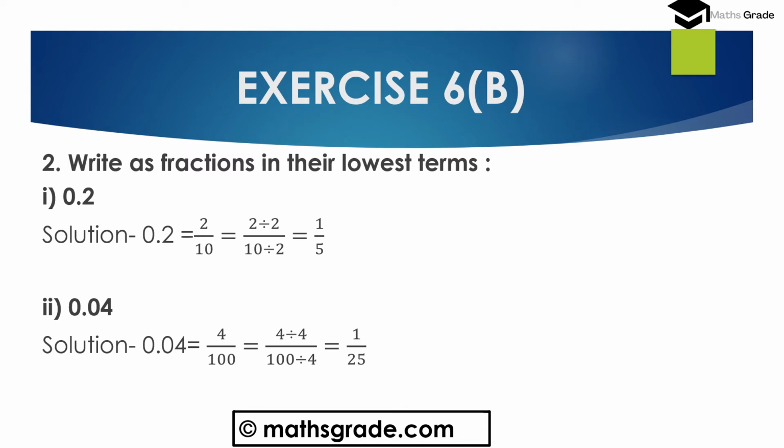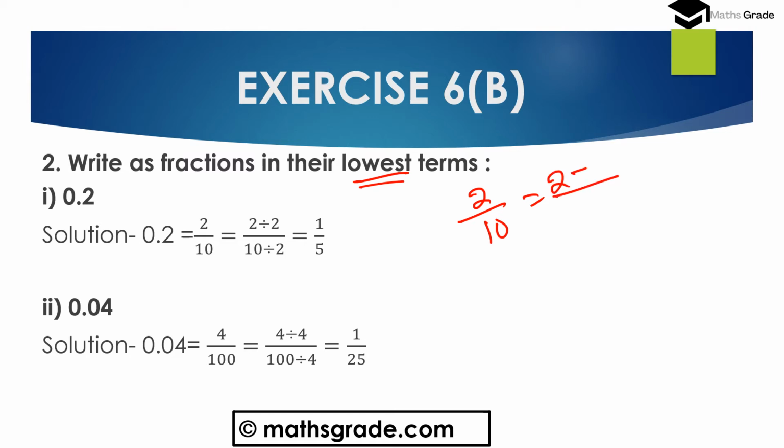Now question number 2. Write as fractions in their lowest terms. First part, 0.2. After the decimal point there is only one digit, so we divide 2 by 10. To find its lowest term, first find the highest common factor of the numerator 2 and the denominator 10, which is 2.